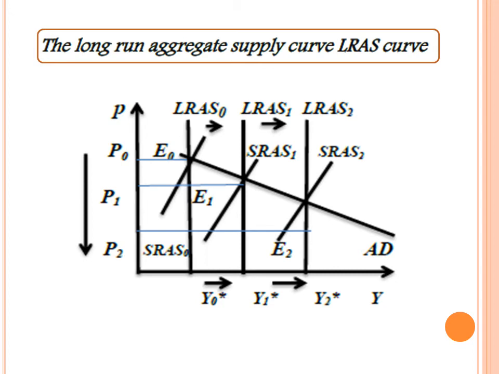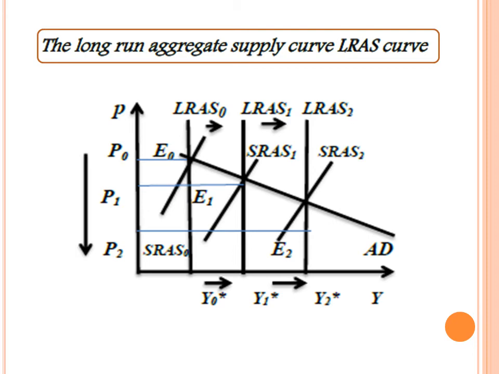I end up reaching the starting point I began with in the short run, E not, and the point the economy reaches after removing the gaps, whether we have an inflationary gap or a recessionary gap. Connecting these two points gives me a vertical line, the long run aggregate supply curve. Why is it vertical? Because the level of output is always constant in the long run, meaning the economy is producing the potential level of output.